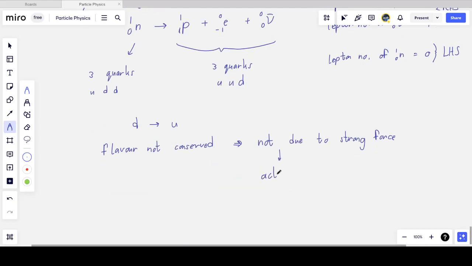And it is due to another type of force called the weak force, which you would probably learn more about if you study physics any further. So when the flavor is not conserved, the interaction is not due to the strong force, but actually due to the weak nuclear force. So that's been a crash course on the topic of particle physics.